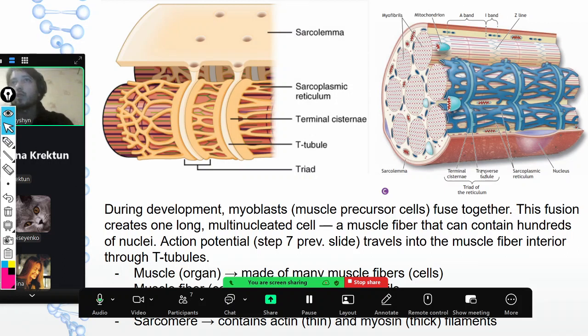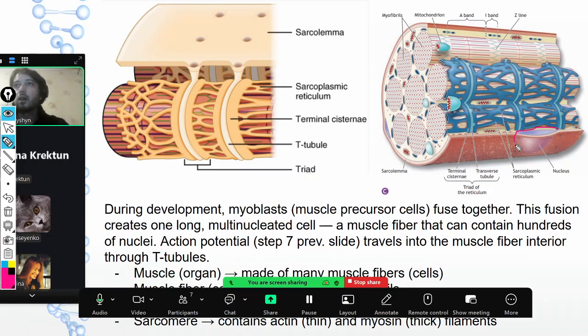So here is one more slice of all that stuff. Once again you see the striate, you see the transverse tubule or T-tubule. You see the sarcoplasmic reticulum. That's all this blue stuff.